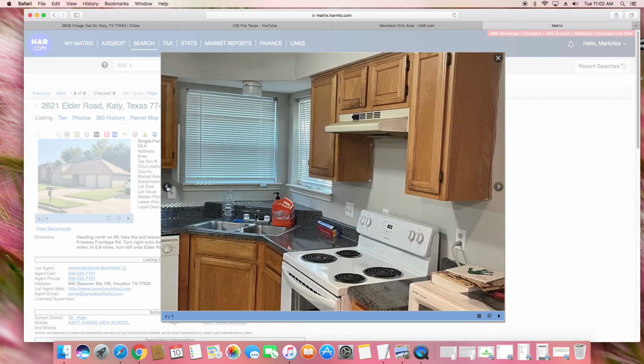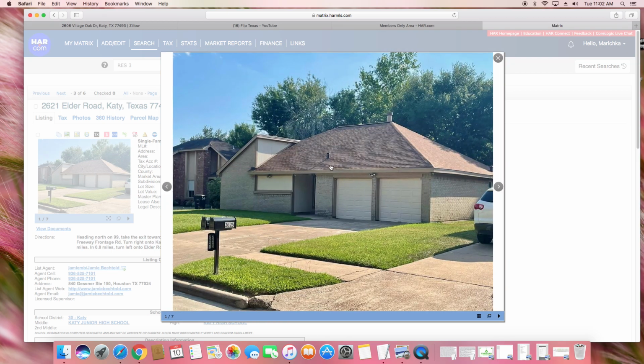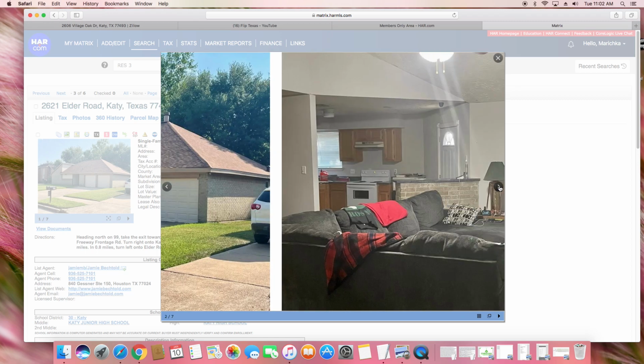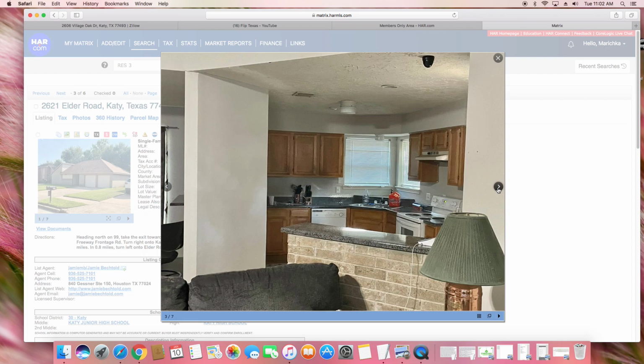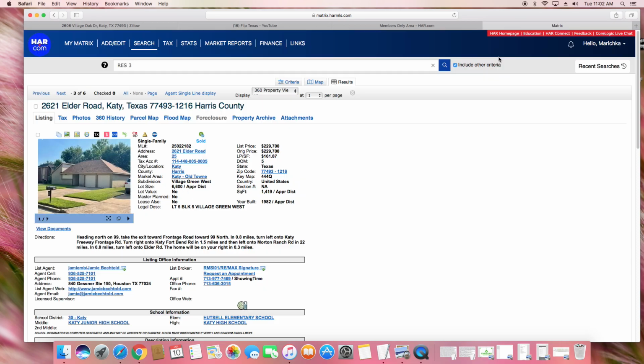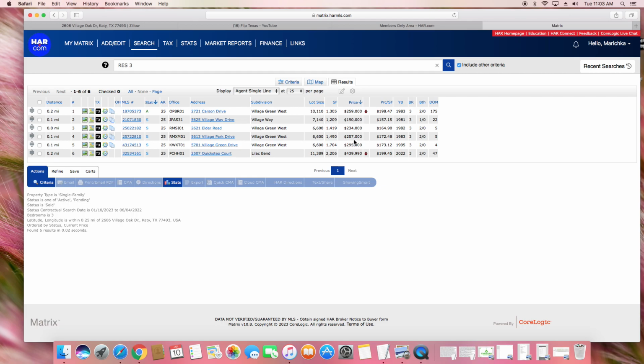So this definitely sold for less than full price, just based on these. It doesn't look like it's renovated. They didn't have good pictures. It looks like they didn't market it well. It does look like they have a new roof. It does look like the bones are good, and it sold in 5 days. But I don't love that price, the 257.